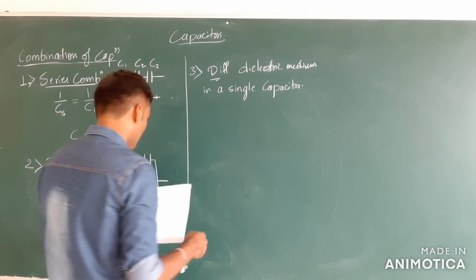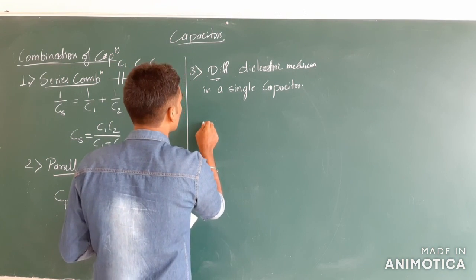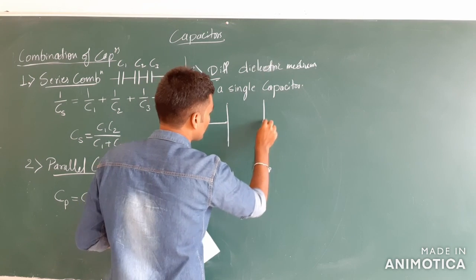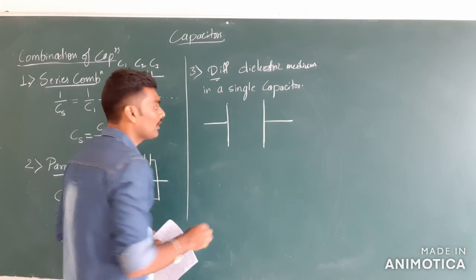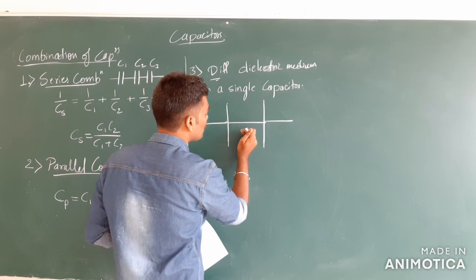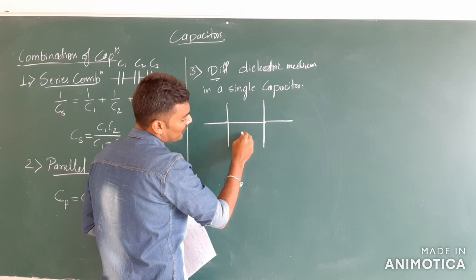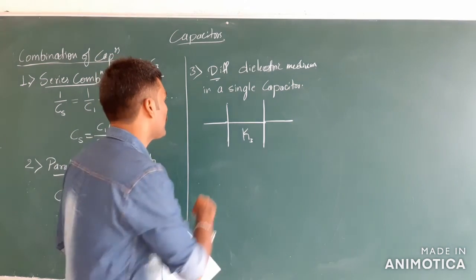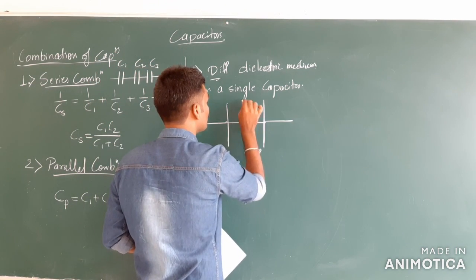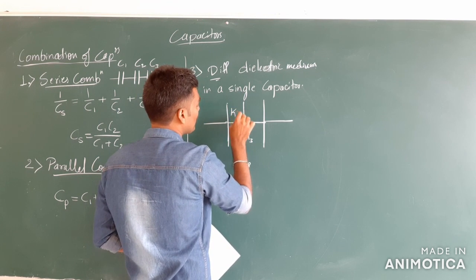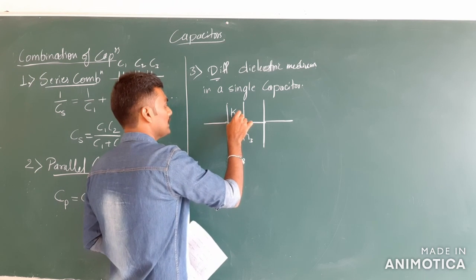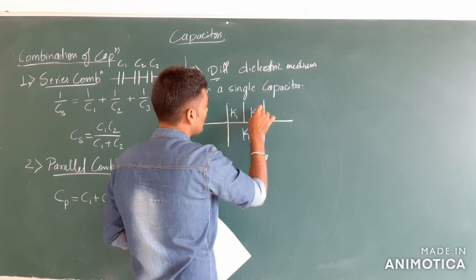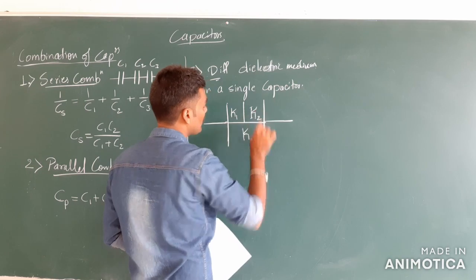As an example, let me give you the idea. If I have a capacitor like this, a parallel plate capacitor, where the lower half is filled with a medium of dielectric constant K3, and the upper half is divided into two vertically, one vertical part filled with dielectric medium of dielectric constant K1, and the other filled with dielectric medium of dielectric constant K2.